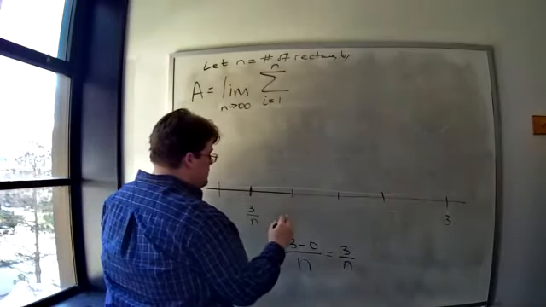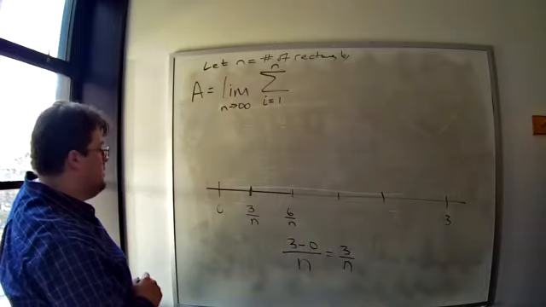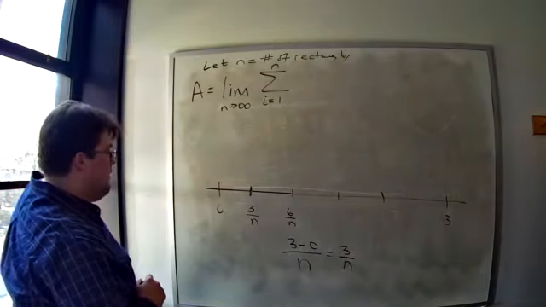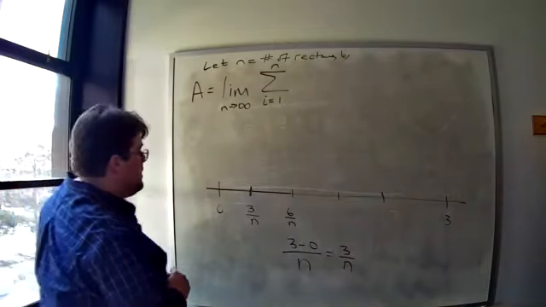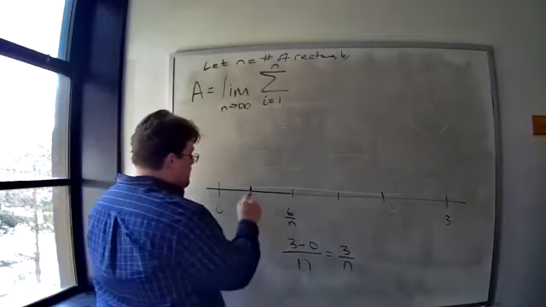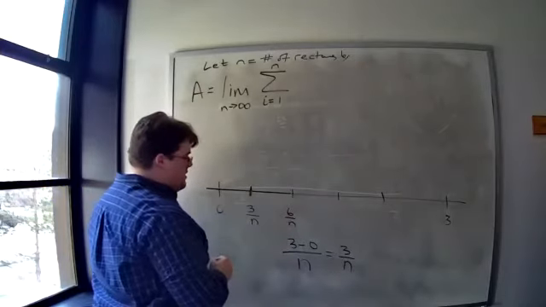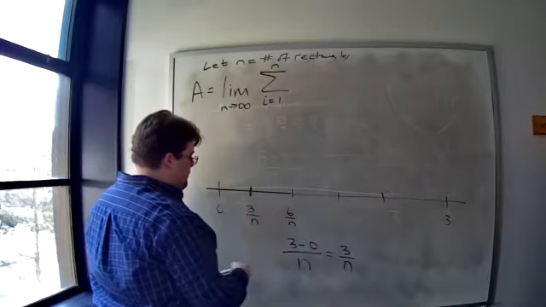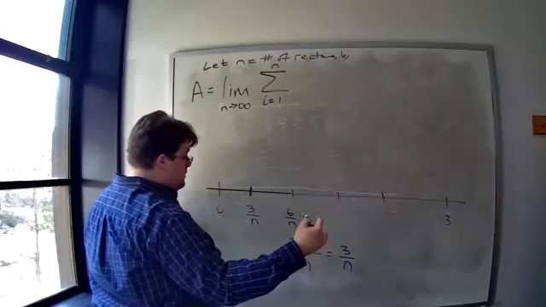But if we write it as 6 over n, it's not going to be as illustrative as if we write it in another way. Because right here, we're going to be counting through our n rectangles, and we're going to be counting through them using this 3 over n. So it would be particularly useful if we could write these x values in terms of 3 over n. Well, the first one's just 3 over n. The next one is 3 over n and another 3 over n, which is 2 3 over n's.